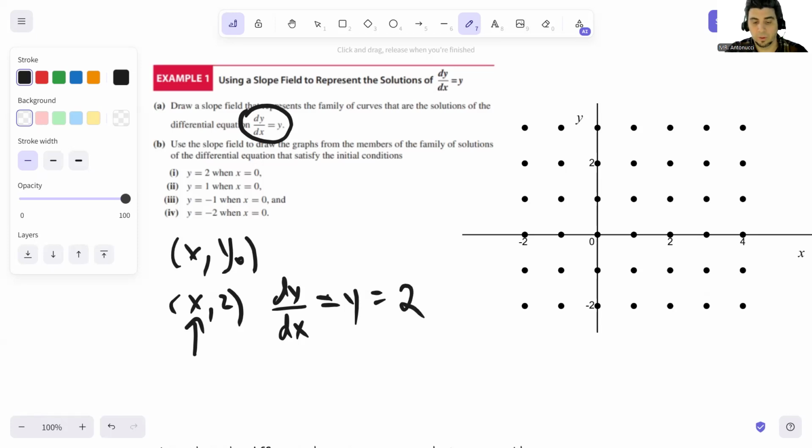So if we go up to where y equals 2, all of the slopes along that line would be 2. So we could draw tick marks with slope 2.